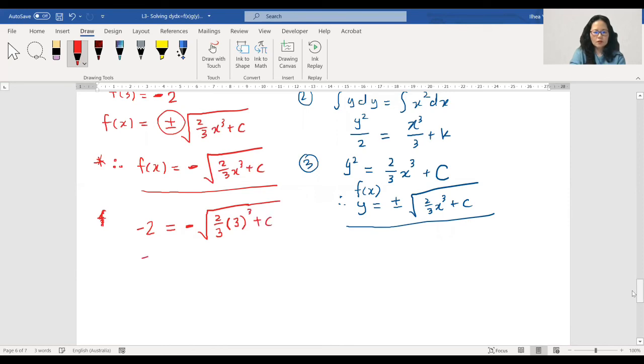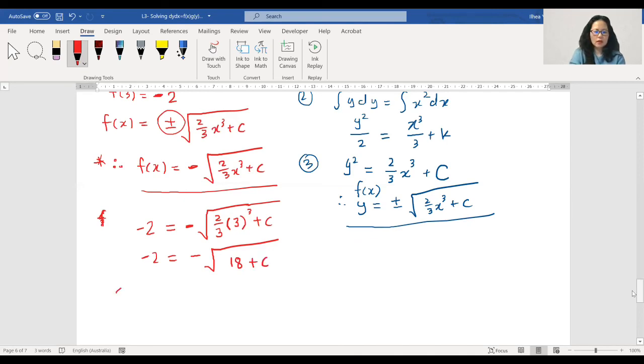So before I do anything else, I'm going to tie this one up. 2 over 3 times 27. Okay, 27, and then you divide it by 3, it'll be 9. So 2 times 9 is 18 plus c. Now, how am I going to find c?